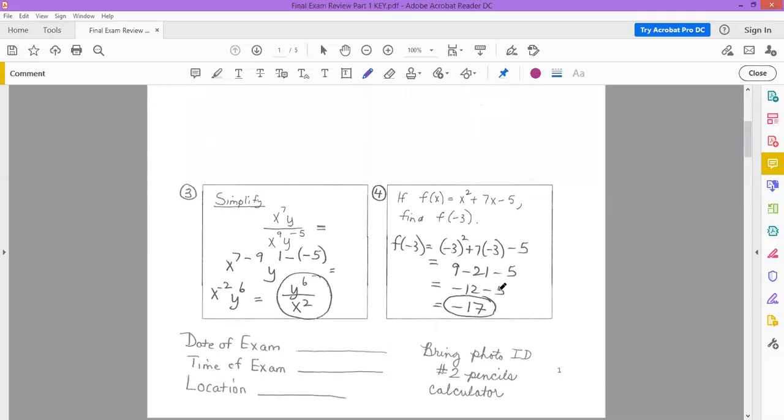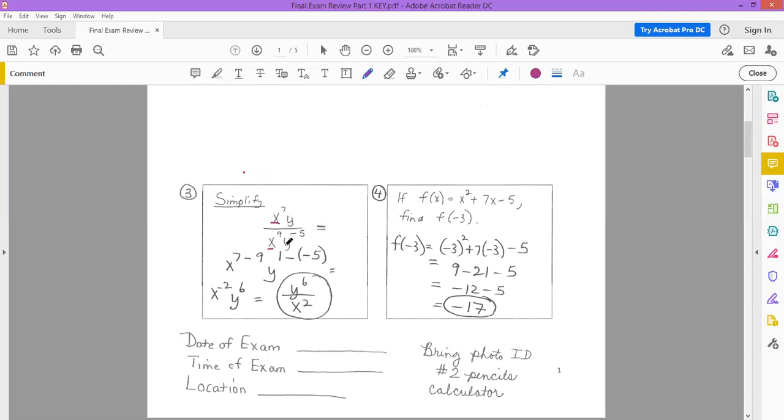For number 3, we have x to the 7th power times y in the numerator, divided by x to the 9th power times y to the negative 5th power. Now, when you see terms that have the same base and you're dividing those exponential terms, remember you're going to subtract their powers. So for our x term, we're subtracting 7 minus 9: top power minus bottom power.